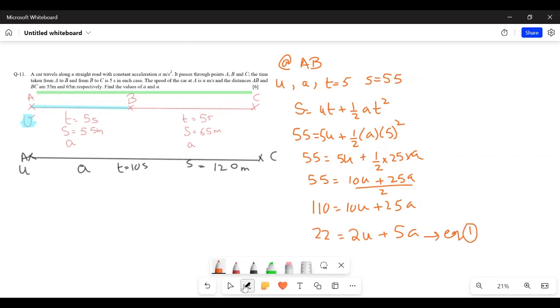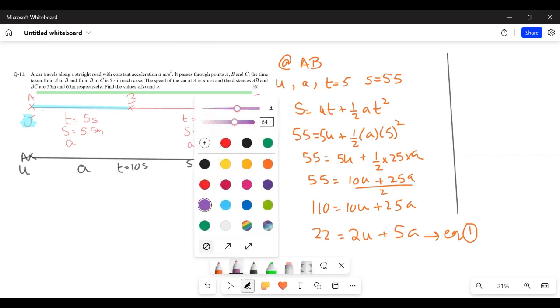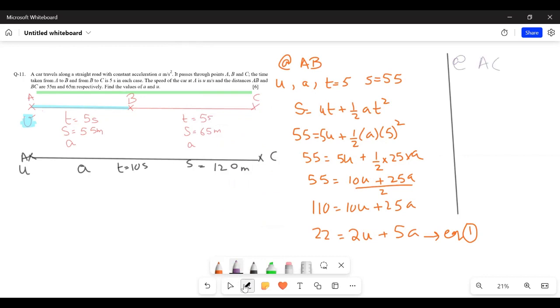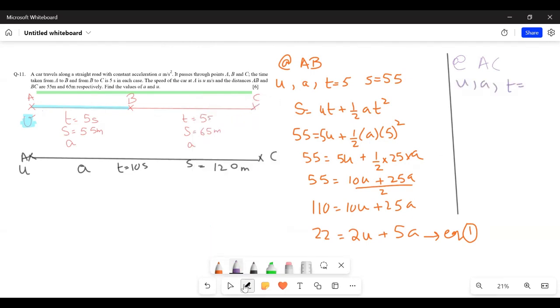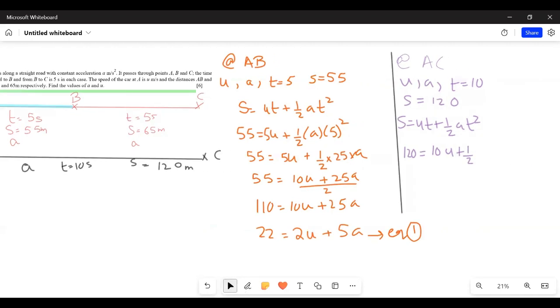Now let's form equation number 2 using the path AC. So at AC, we again have U, we have A, we have time, which is 10, and we have S, which is 120. Same equation, S equals UT plus half AT square. 120 equals 10U plus half times A times 10 square.